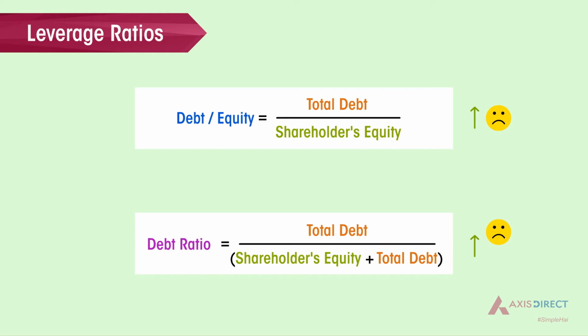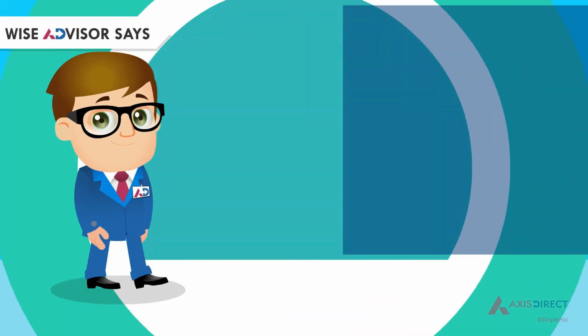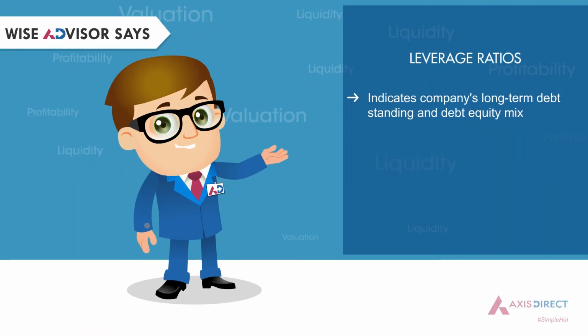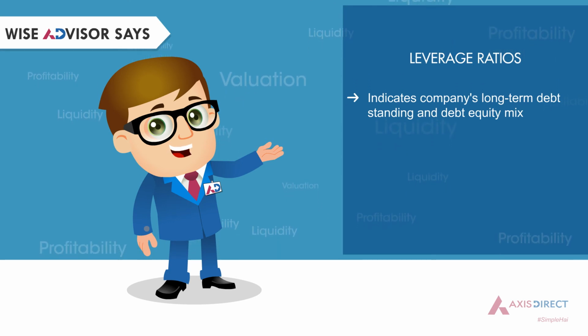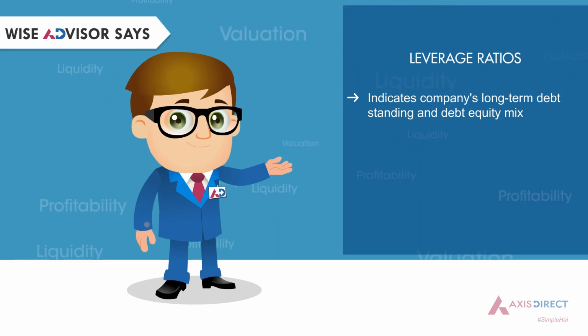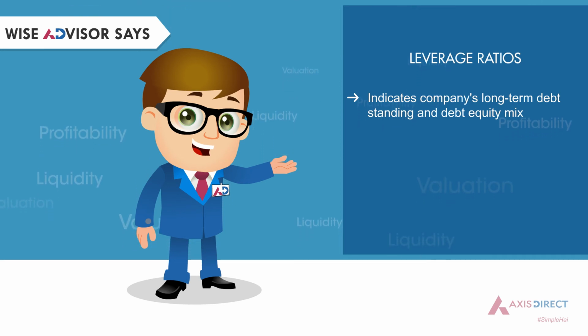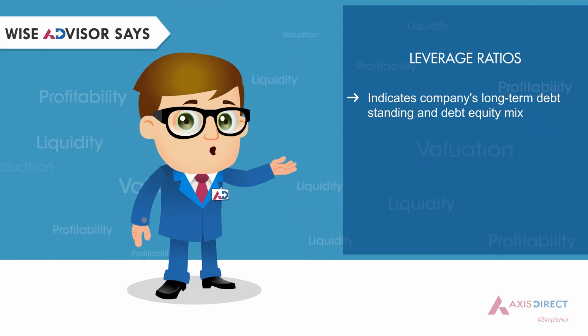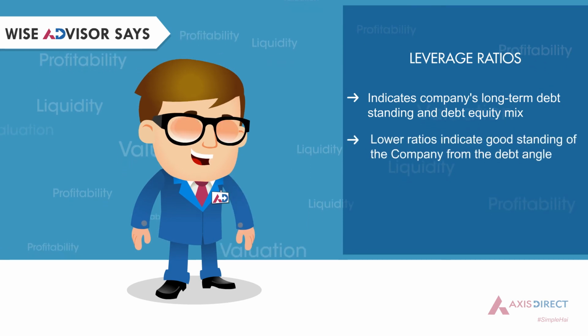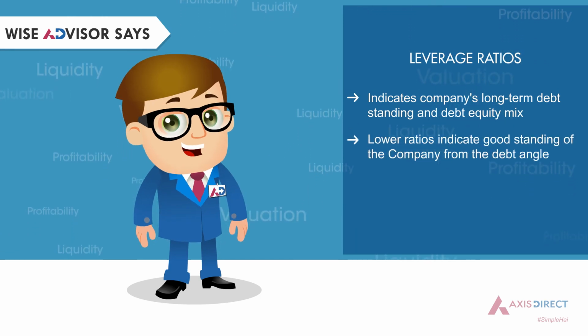Higher ratio indicates higher risk. Leverage ratios give an indication of company's long-term debt standing and debt-equity mix. For example, debt ratio indicates how much of the assets are financed with borrowed money. Lower ratios indicate good standing of the company from the debt angle.